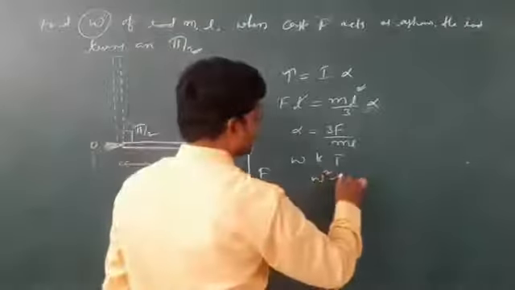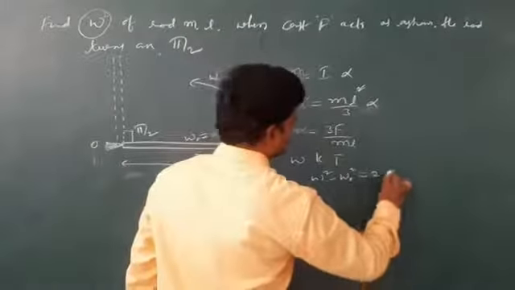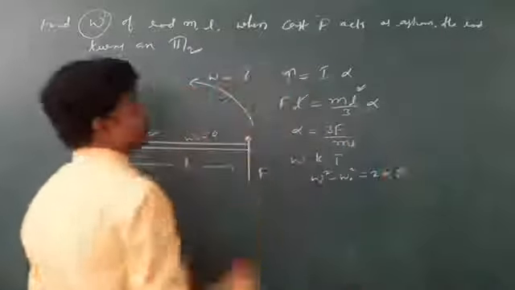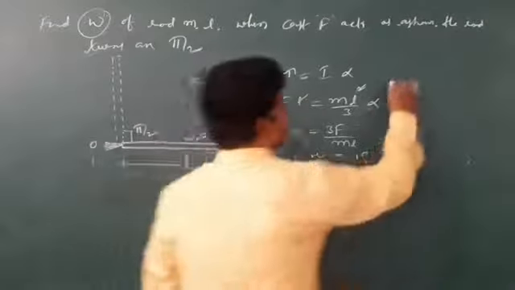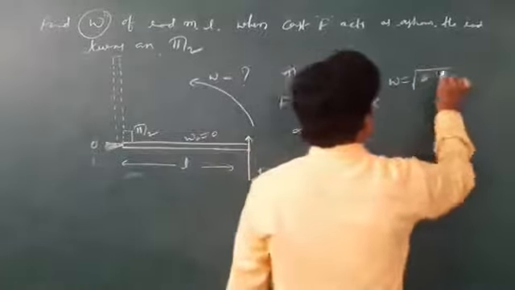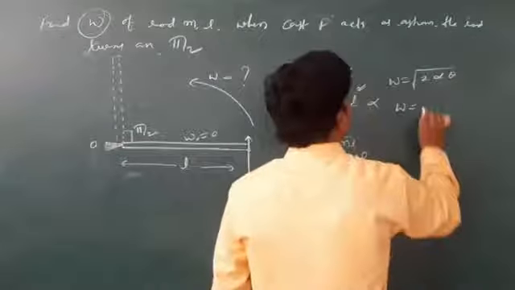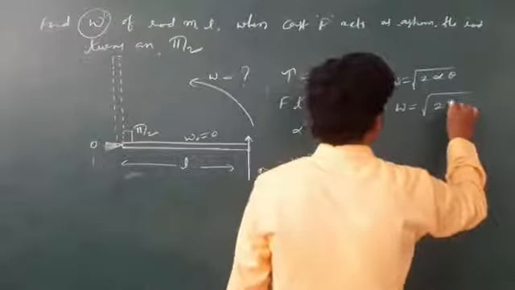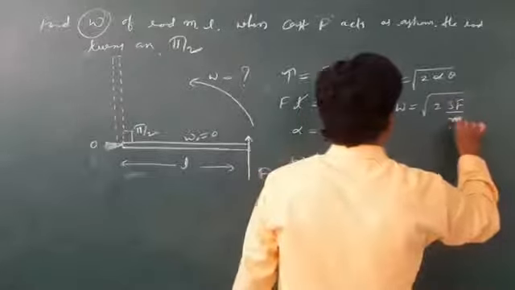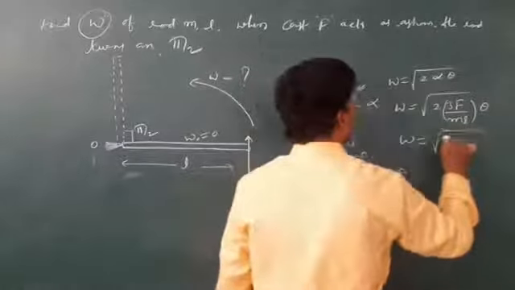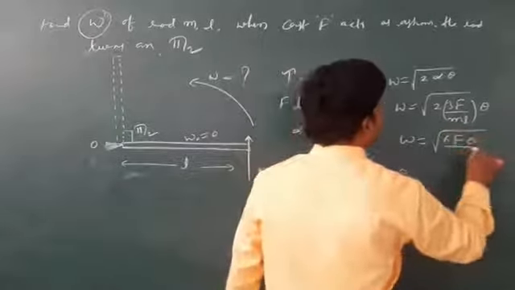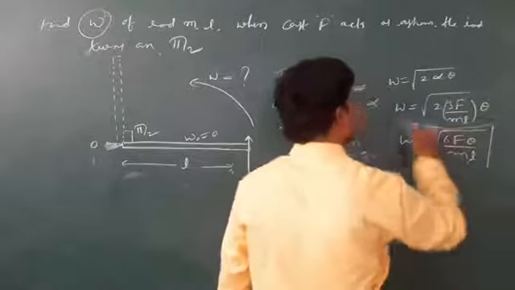Here I am using omega square minus omega naught square is equal to 2 alpha theta, with theta given as pi by 2. Then omega is the root of 2 alpha theta. Alpha is 3F by mL, so omega is the root of 6F theta by mL.